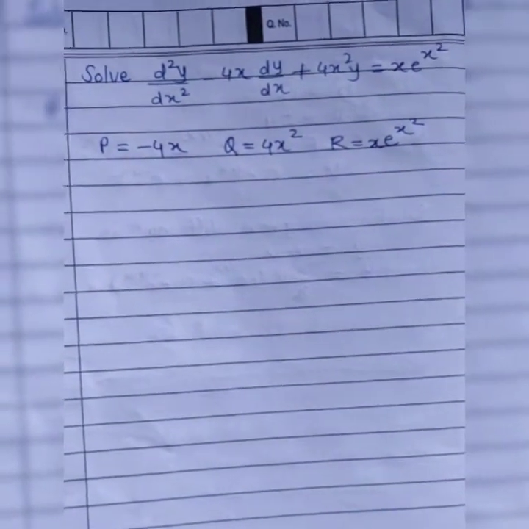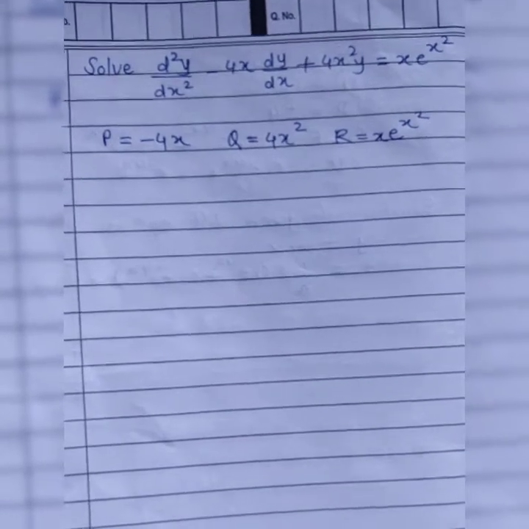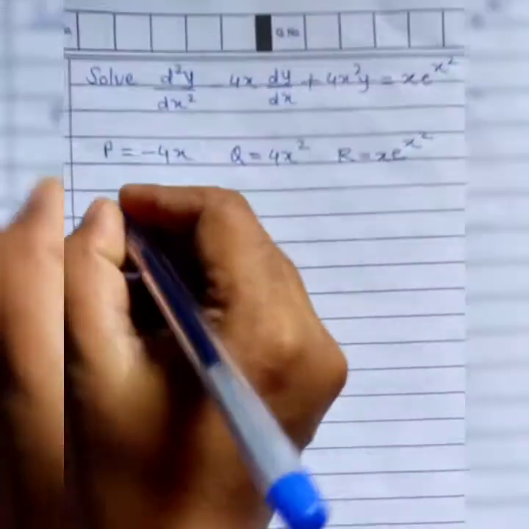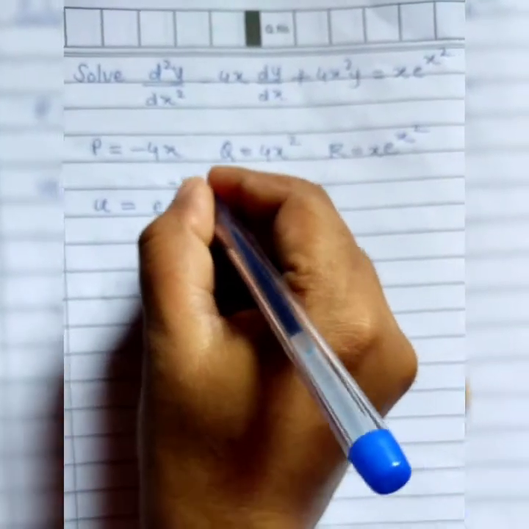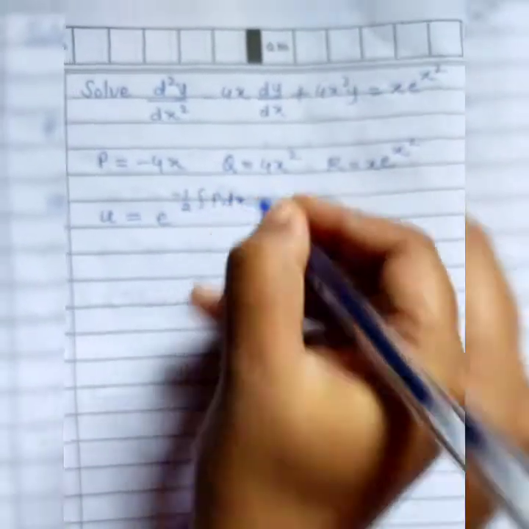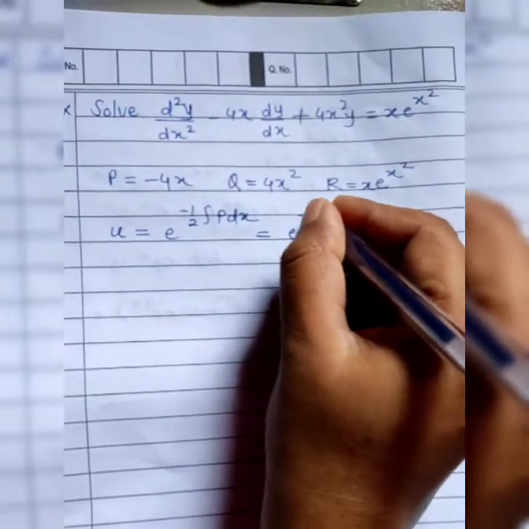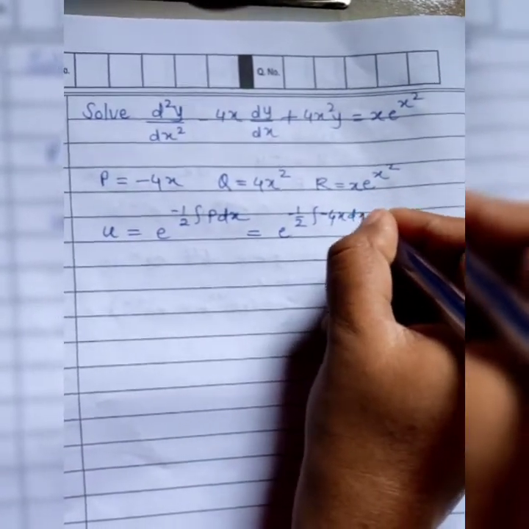Now we know that y is equal to uv is the solution of this equation. So first we find u by the formula u is equal to e raised to minus 1 by 2 integration p dx. E raised to minus 1 by 2 integration minus 4x dx.